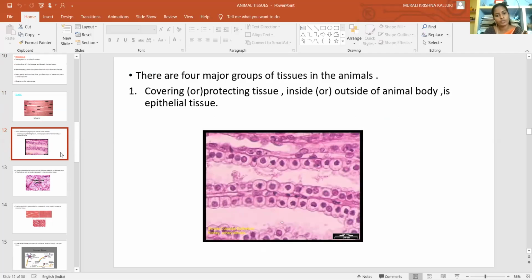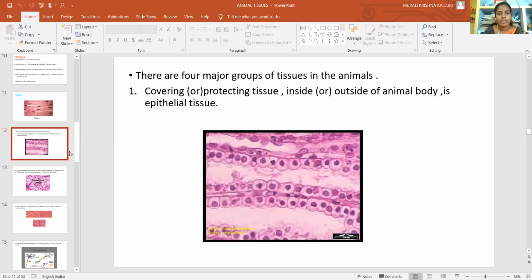Inside and outside the animal body, it is called epithelial tissue.